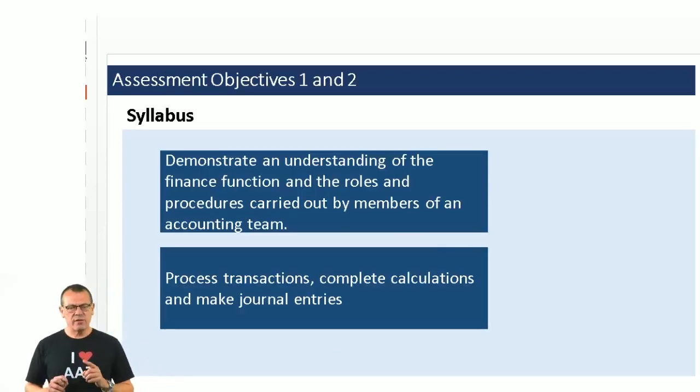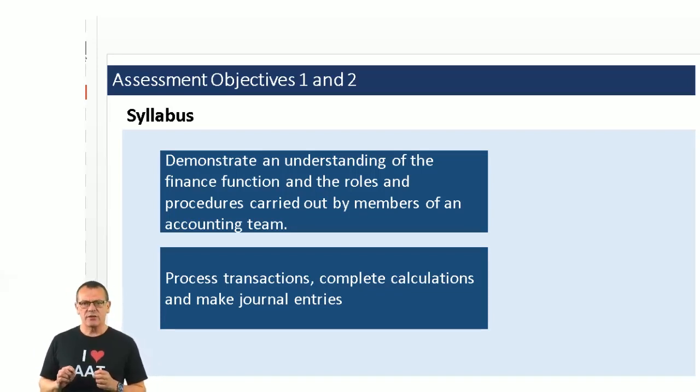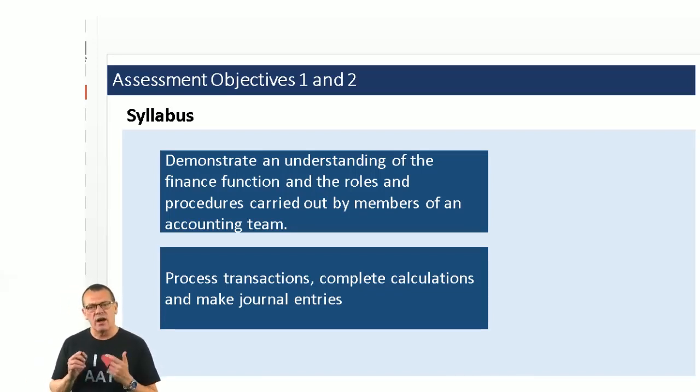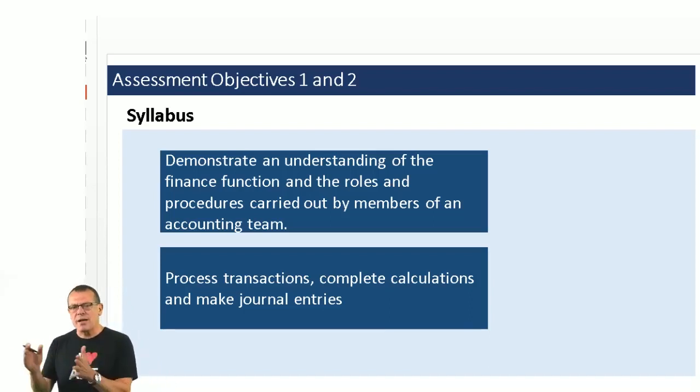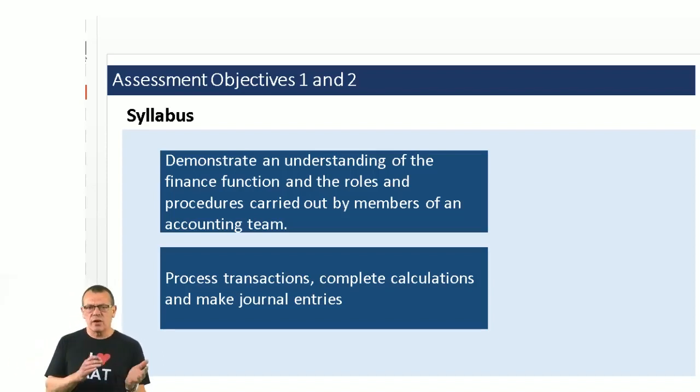So let's have a look in greater detail at what the assessment objectives are. Now, at Level 2 we have assessment objectives to cover. And at Level 2, the assessment objectives don't always match the task that you're covering.